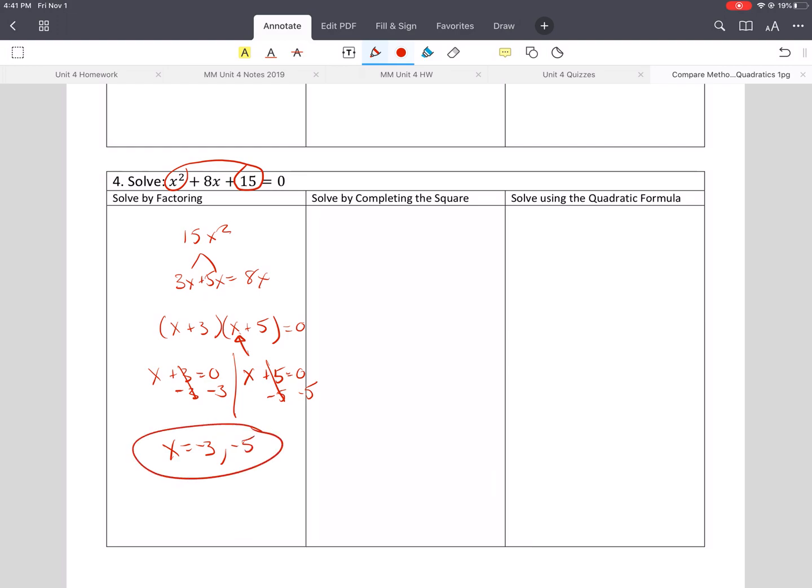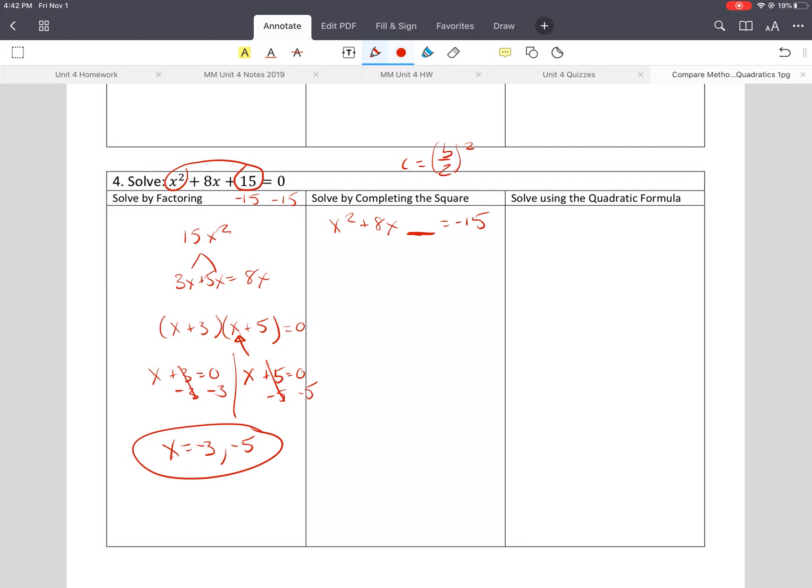All right, completing the square: x squared plus 8x. Remember, we need to subtract 15 from both sides, so we'd have equals negative 15. We want to find something that's going to complete that square. To complete the square, it will always be c equals b over 2 squared.